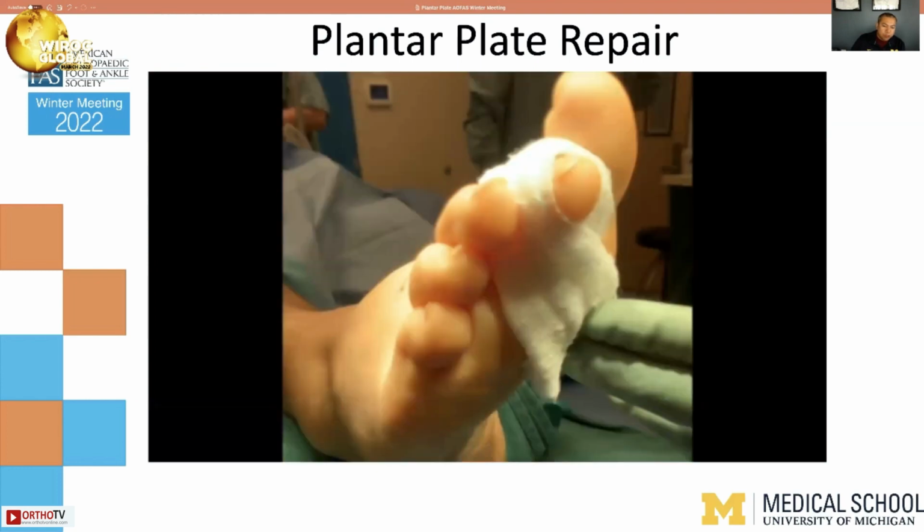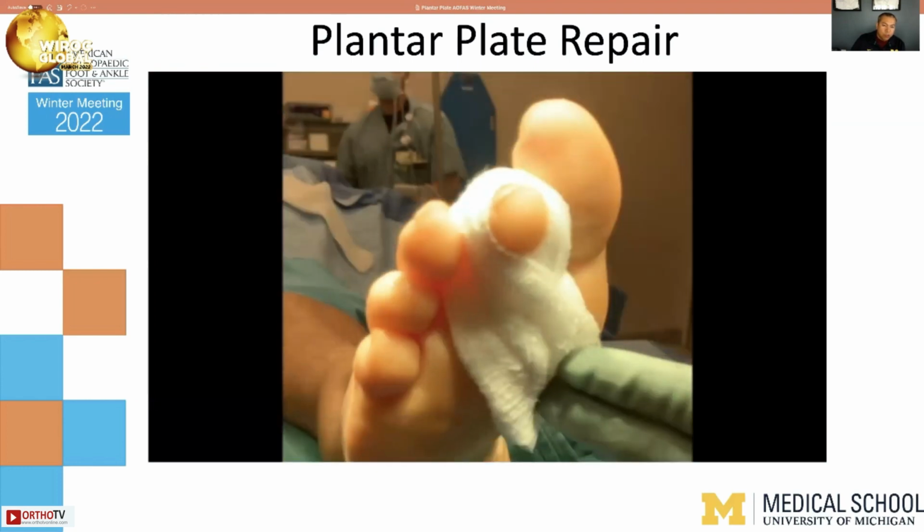Post-operatively, I place this kind of dressing to hold the MTP joint in some slight plantar flexion.